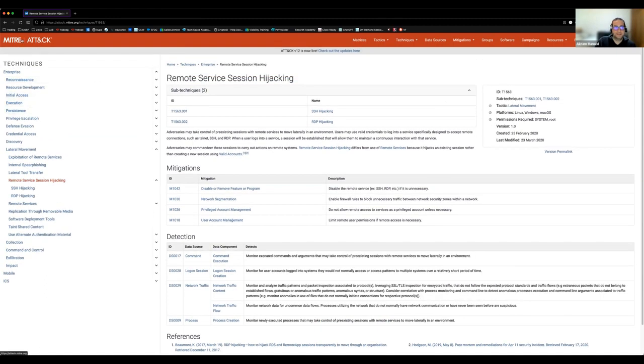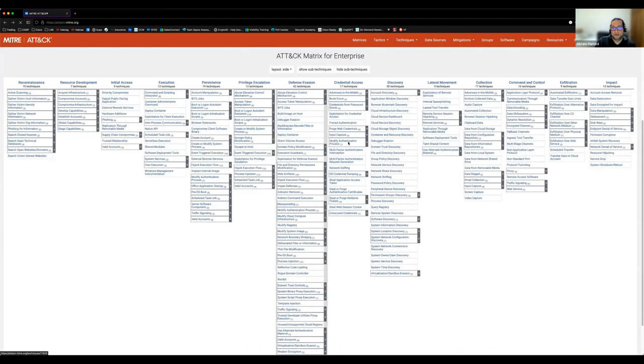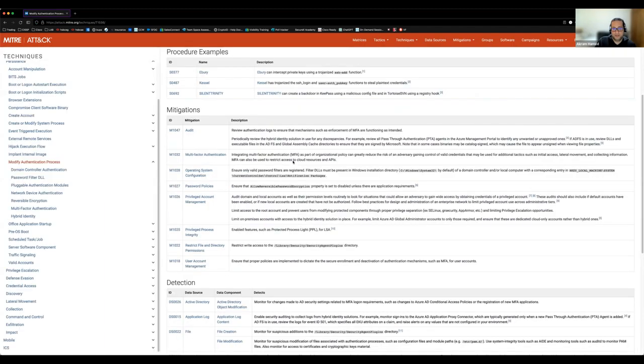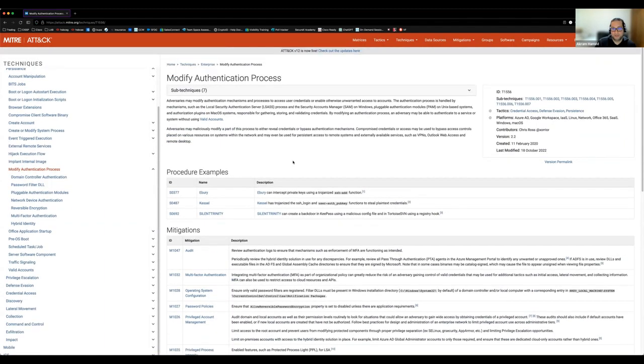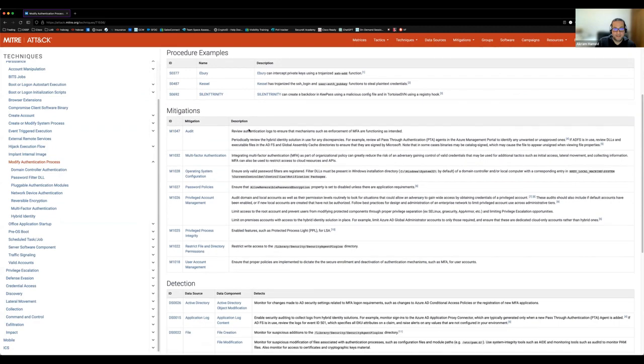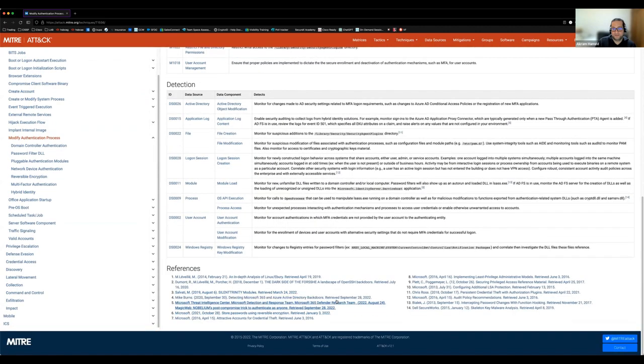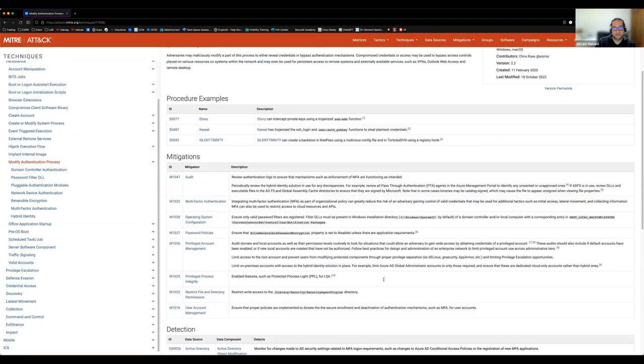In some cases, it would also show you what groups usually rely on these techniques or sub-techniques. And at the end, it would tell you the references, maybe the papers or whatever, that show that some of those techniques are happening.